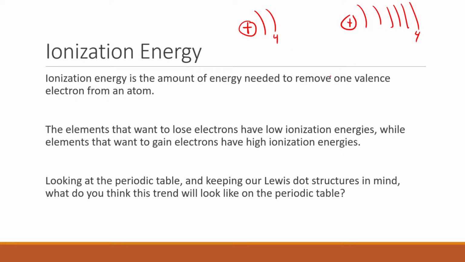The thing that's going to make the difference between these two elements, right, which one is it easier to take the electron away from? It's easier to take the electron away that's further from the nucleus. The more shells that the atom has, the further away the electron is from the nucleus. And the further away it is, the less of a hold the nucleus has, making it a little bit easier to take it away, whether or not the atom prefers that.